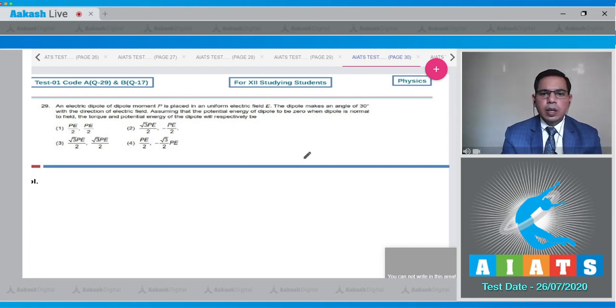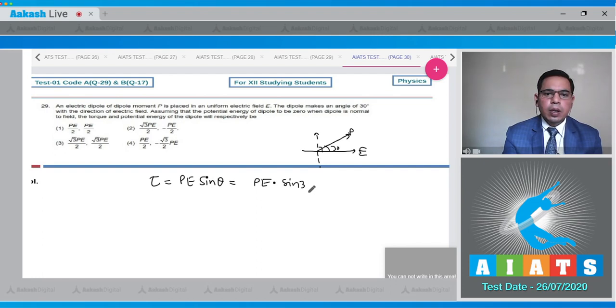Now dear students, here this is the electric field. When the dipole is at 90 degrees, its potential energy was 0. Now it is making 30 degrees. What will be the torque and potential energy? We know that tau equals P E sin theta, which is PE into sin 30, equal to PE by 2.